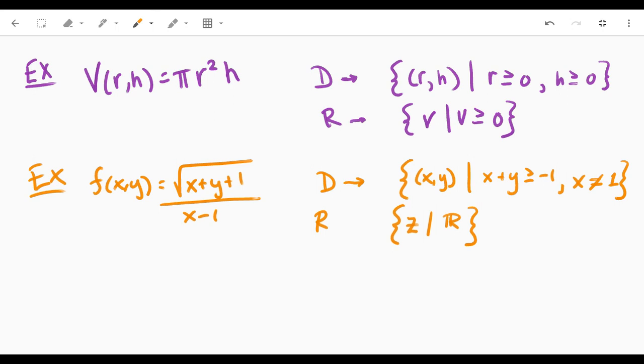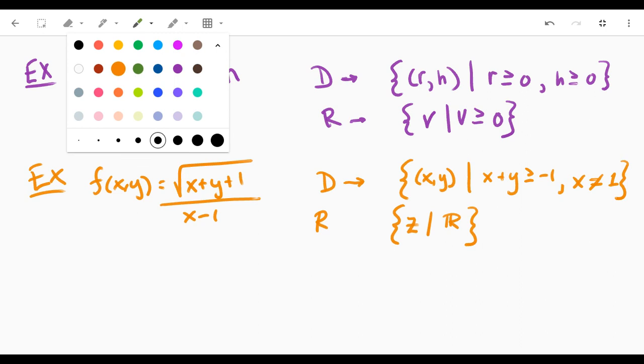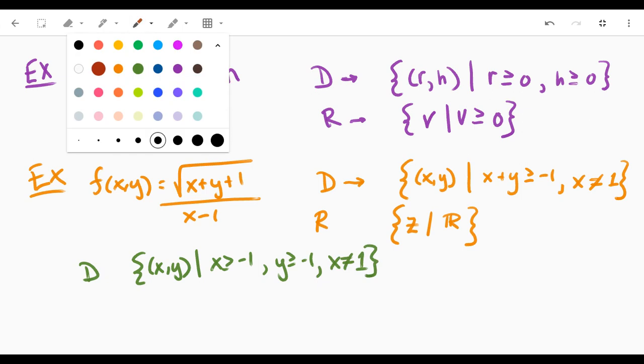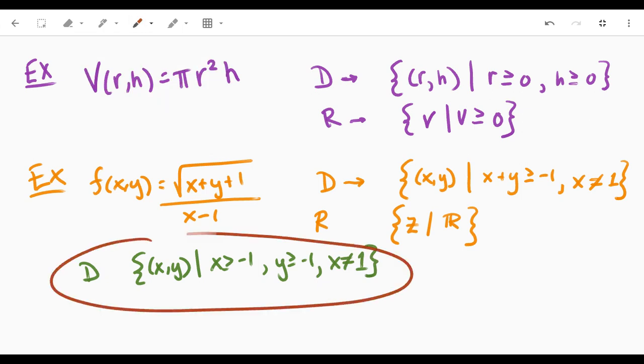Like what I was getting at before, if you were to write this wrong and you did something like the domain is x, y, such that x is greater than -1, y is greater than -1, and x cannot equal 1. First of all, I'm going to put a big red X through that so that you don't think that's right.